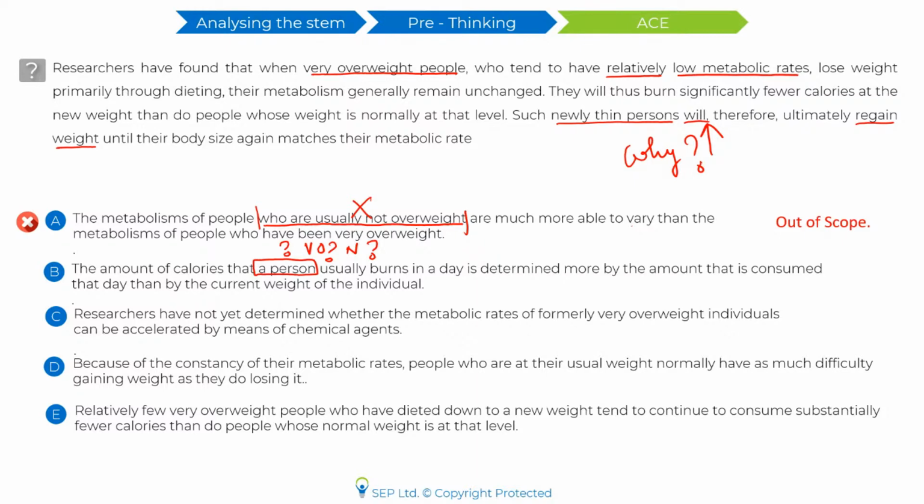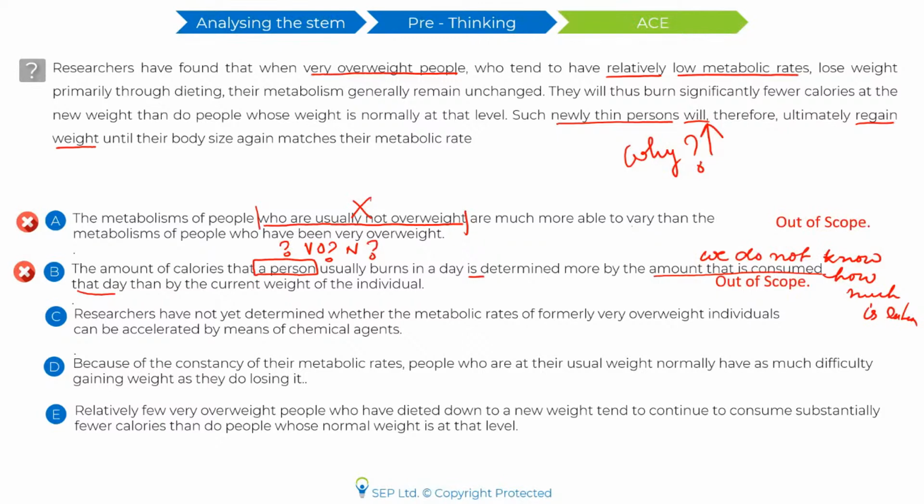And B says the amount of calories you burn is determined more by the amount that is consumed. Okay, but we do not know how much is consumed, how much is eaten. So choice B also becomes out of scope for us.